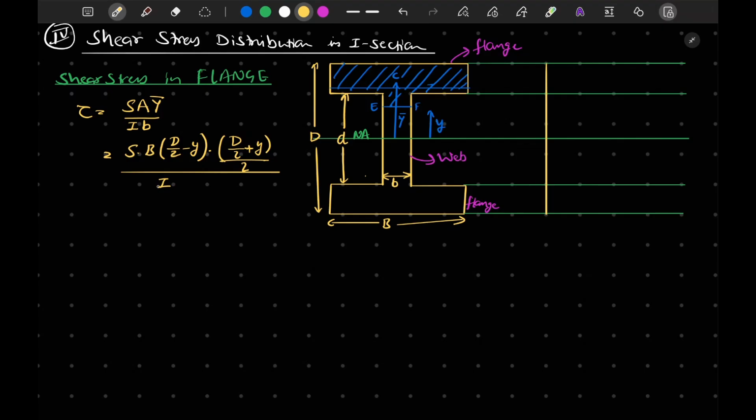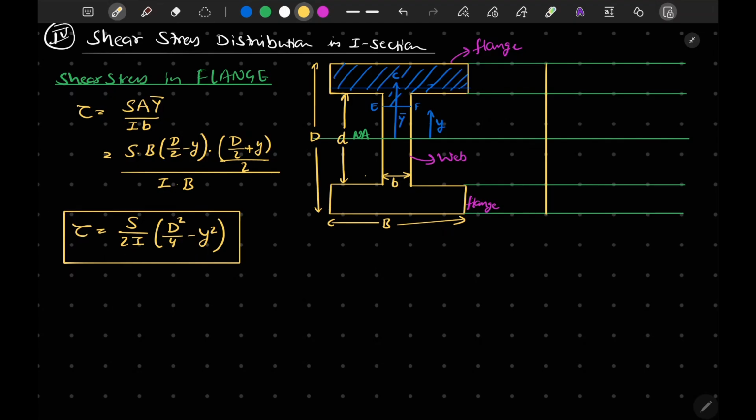I will calculate the I value here into B. Now B here is capital B, the width. If I solve this, I will obtain tau is equal to S upon 2I times d square by 4 minus y square. This is our shear stress distribution in flange, and this of course is parabolic.